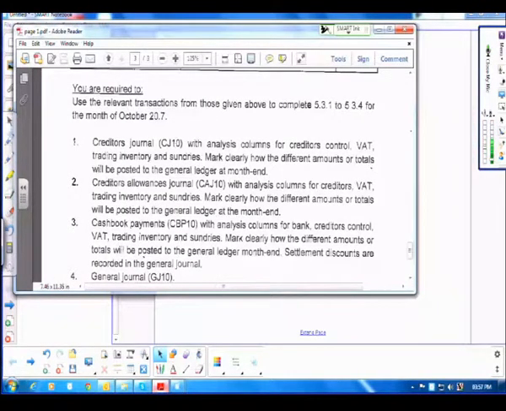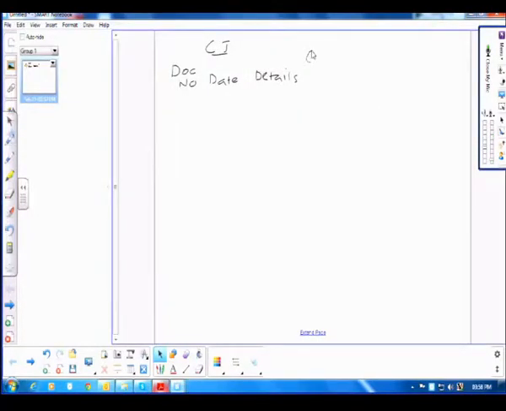So you can start putting the creditors control account. You can put VAT, but because with creditors we are buying on credit, the VAT is going to be called VAT input. We said VAT input is when we are buying.